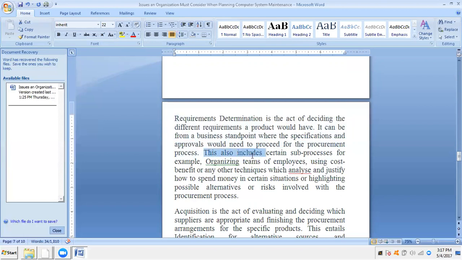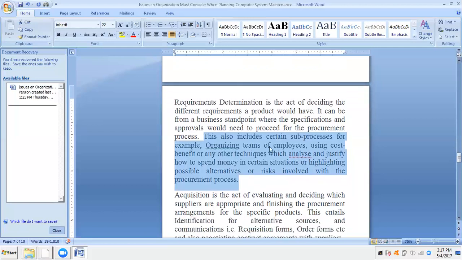This also includes certain sub-processes, for example, organizing a team of employees, using cost benefit or any other technique which analyzes and justifies how to spend money in certain situations or highlights possible alternatives or risks involved with the procurement process. So we will observe all these factors before buying any computing equipment. We should first see what our requirement is. We can take quotations. We can see what factors can affect this. We should study risk factors.